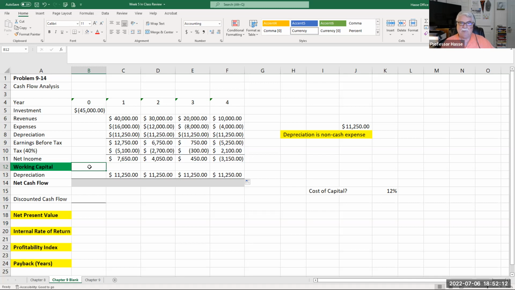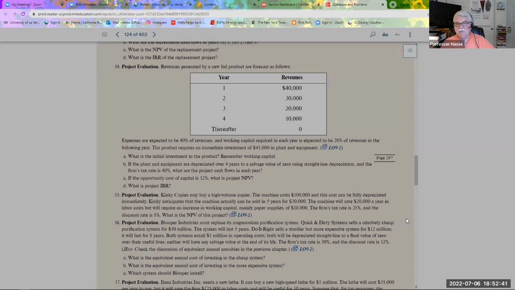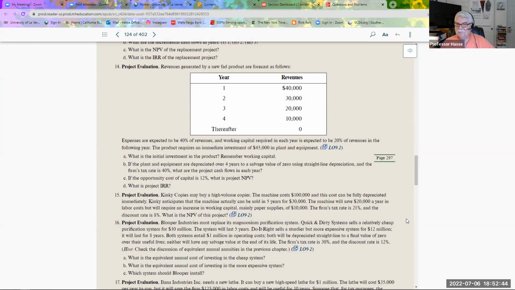So here in this problem, let's go back to the problem so I can show where working capital is, because there are a lot of variables here. It says here, working capital is expected to be 20% of revenues of the following year.